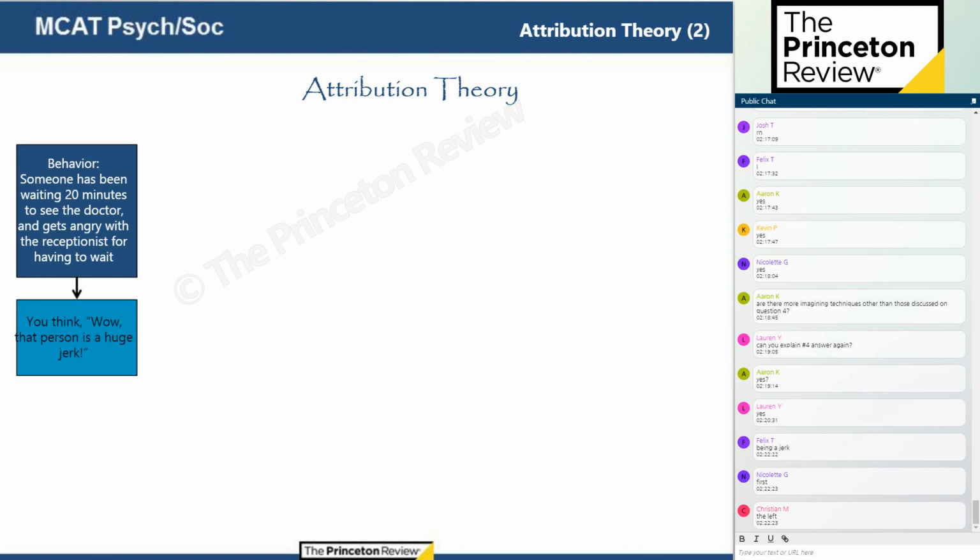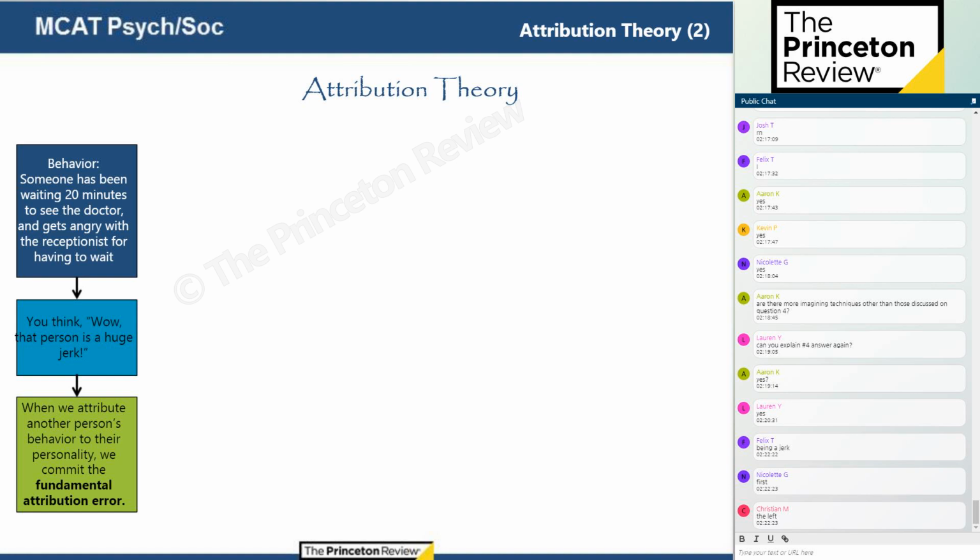And you think, wow, that person is such a huge jerk. Okay, you have just committed the fundamental attribution error. The fundamental attribution error says we over-attribute people's behavior to their personality, rather than looking at the situation.